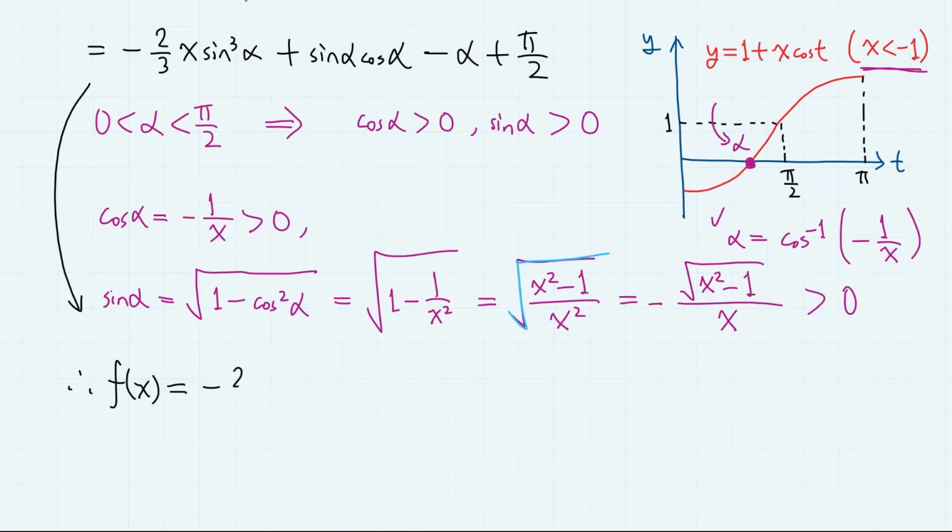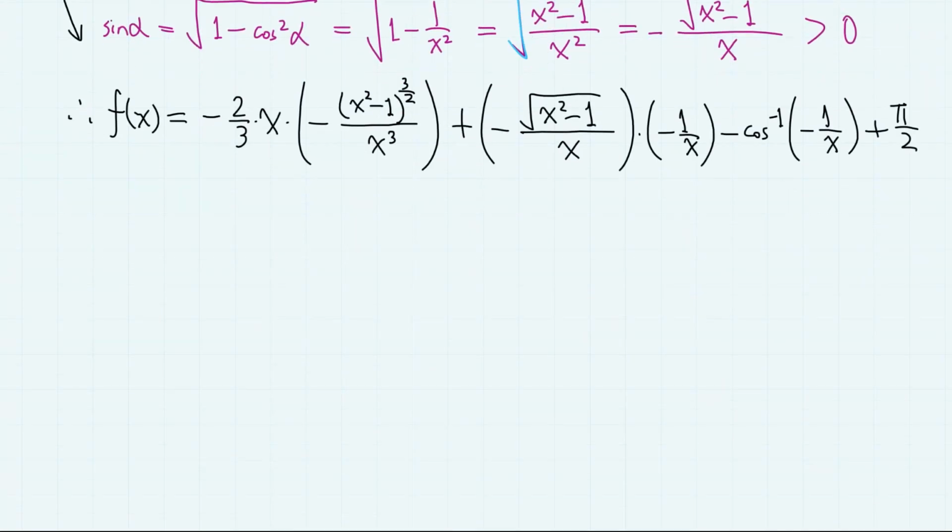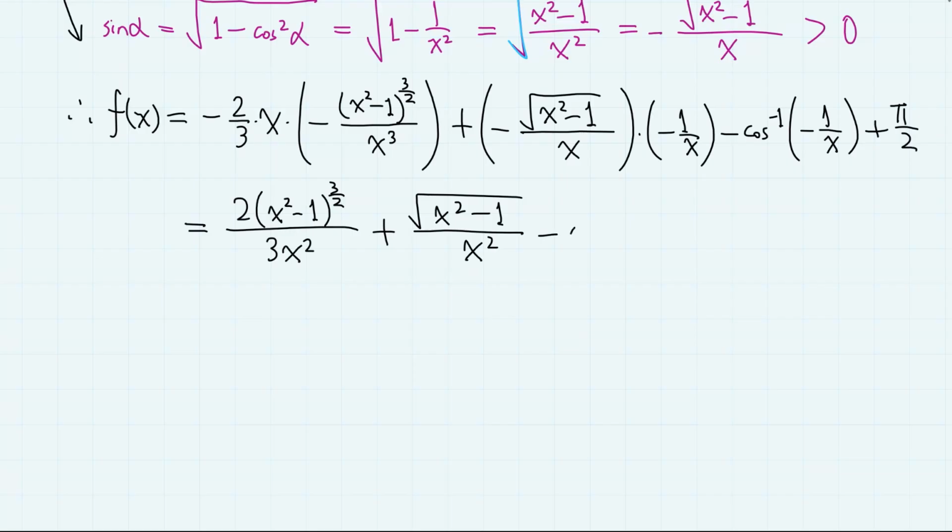Therefore, we now have minus 2/3 times x times (minus (x squared minus 1) to the power of 3 over 2) divided by x cubed, plus now minus square root of x squared minus 1 divided by x, times minus 1 over x, minus inverse cosine of minus 1 over x, plus pi over 2, which simplifies to 2 times (x squared minus 1) to the power of 3 over 2 divided by 3x squared, plus square root of x squared minus 1 divided by x squared, minus inverse cosine of minus 1 over x, plus pi over 2.